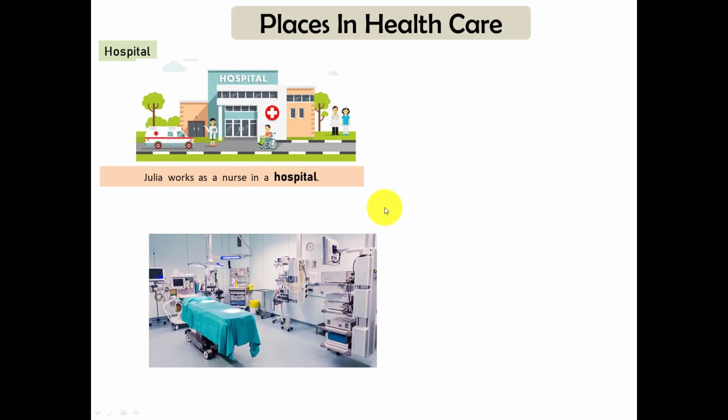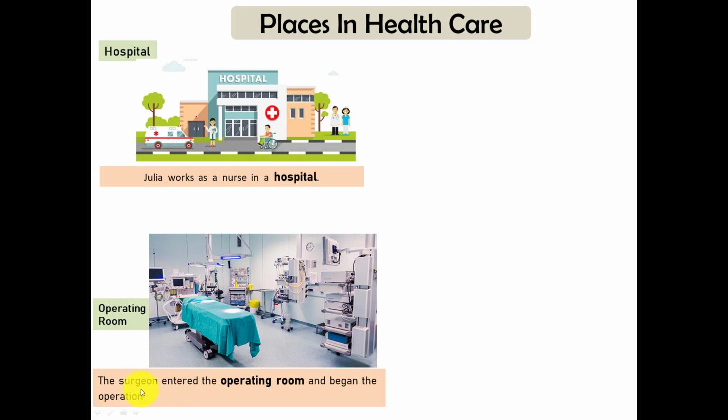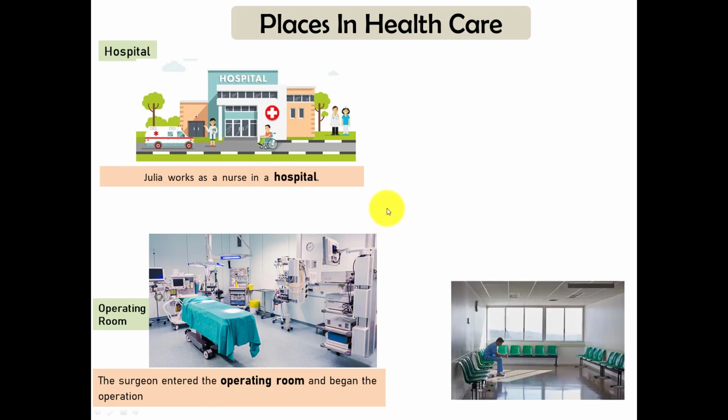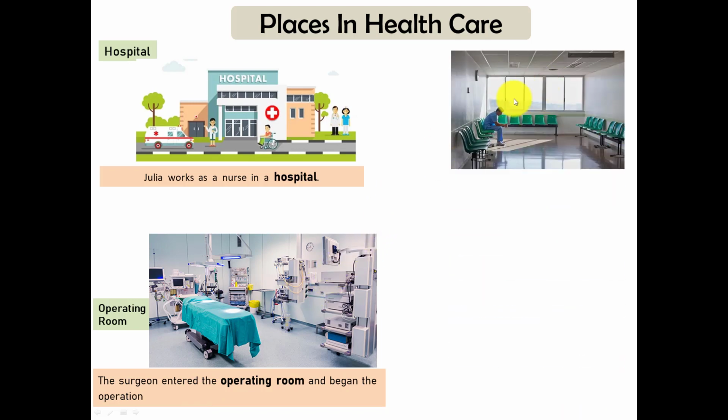Next picture. What is the place? Great. It is an operating room. For example, the surgeon entered the operating room and began the operation. Next. What is the place? Great.